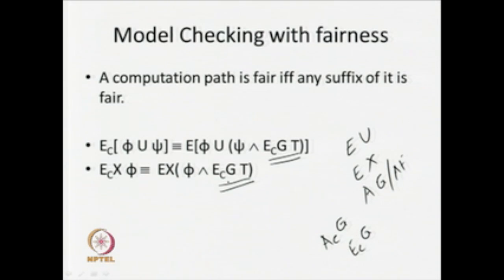Basically, we are going to keep all the fair SCCs. So, this is the notion. We have now seen the procedure for E c g, and similarly we can construct it for A c g also.